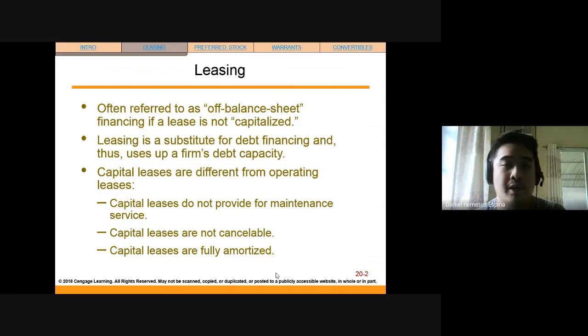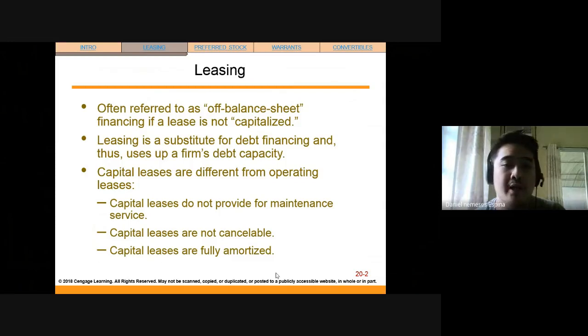Therefore, it is not capitalized, and it is only found in our expenses or the income statement. So leasing is a substitute for debt financing. So instead of borrowing money and buying the asset, some businesses opt to just enter into a lease agreement or rental agreement.